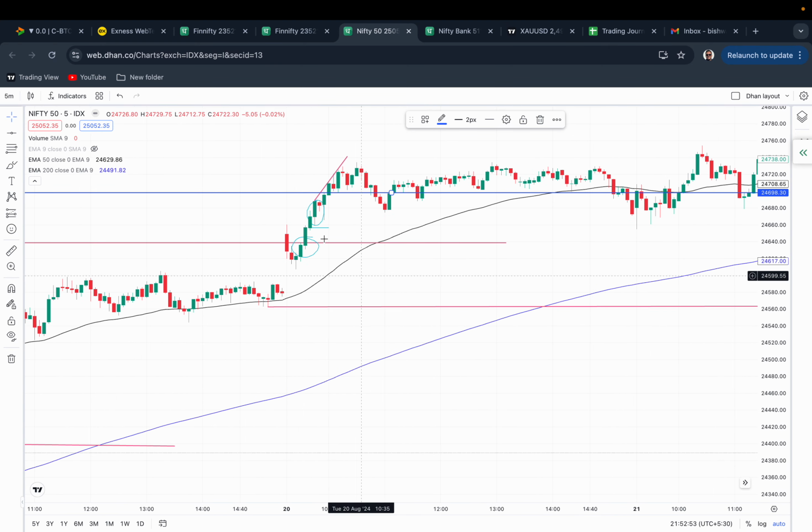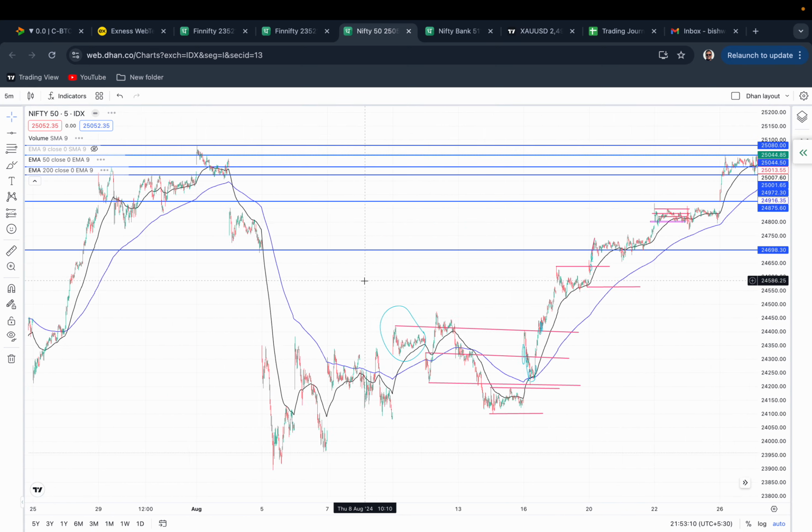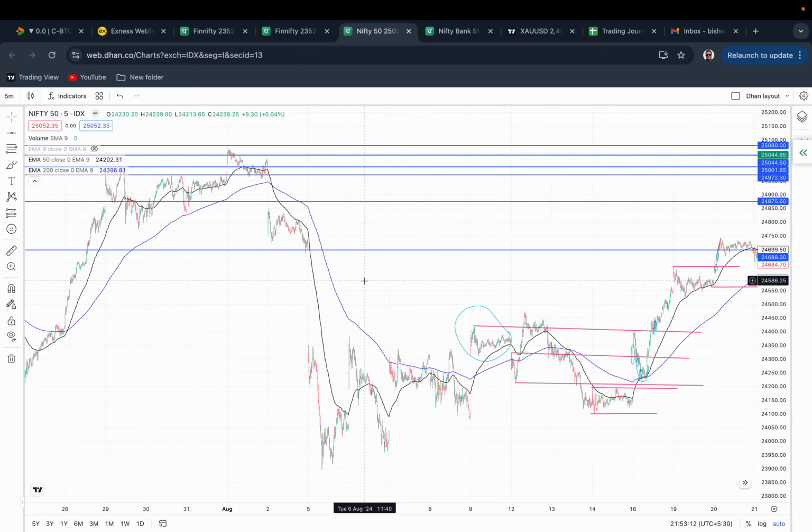See, it gave me again a breakout. One question may arise in your mind, that how can I draw this horizontal line, and from nowhere I have drawn this line, right? So let me show you why I have drawn this line.